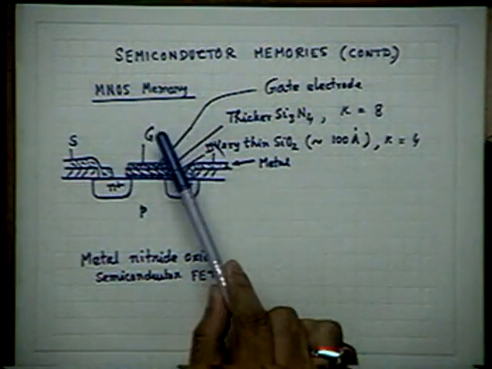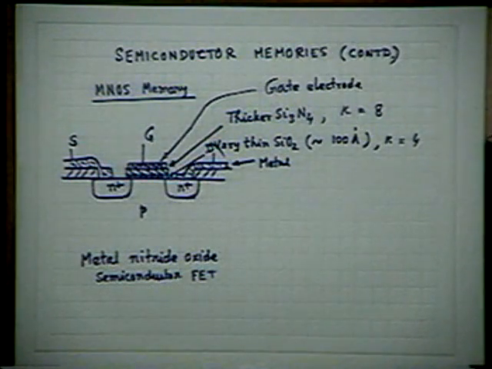That means if you now remove this voltage, these electrons will be almost permanently stored in the interface and will result in a change of threshold voltage. In fact, I can design this transistor in the same way as I discussed earlier. I can design it to be operating in depletion mode, so that it is on normally.